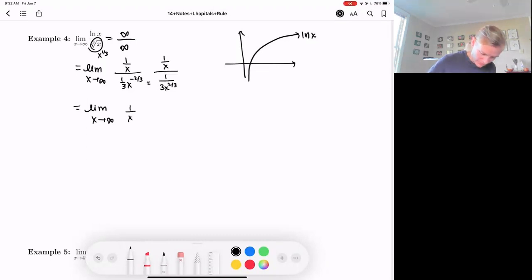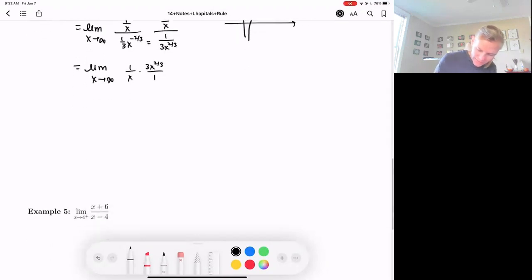So that's the same thing as 1 over x times 3x to the 2/3 over 1. Now I can subtract exponents. So I have x to the first and x to the 2/3. So I'm going to have 3x to the 1/3 here. I'll just do the algebra there. Now when I plug in infinity, I get 3 over a very big number, which will give us 0 again.